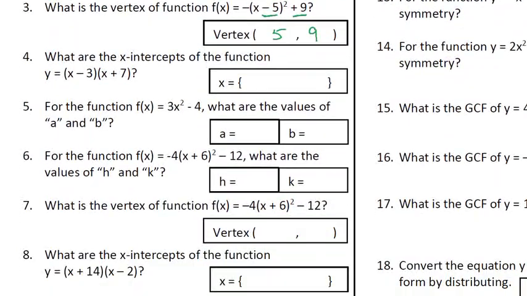Question number 4: what are the x-intercepts of the function y equals x minus 3 times x minus 7? Class, this is a quadratic and you see no square on any of the variables. That means we are in intercept form, which actually tells us the intercepts.